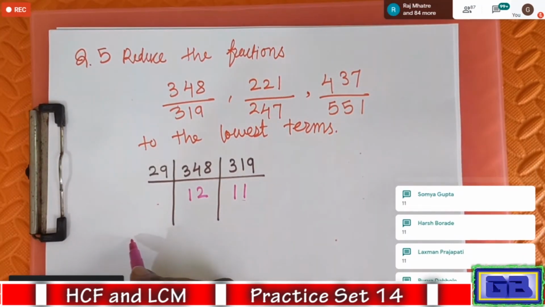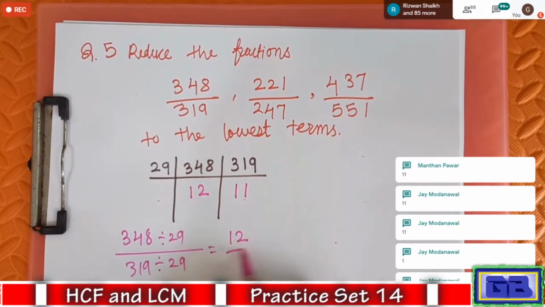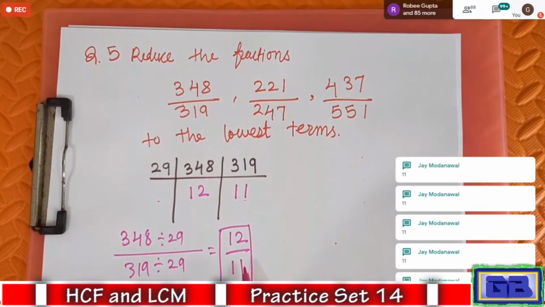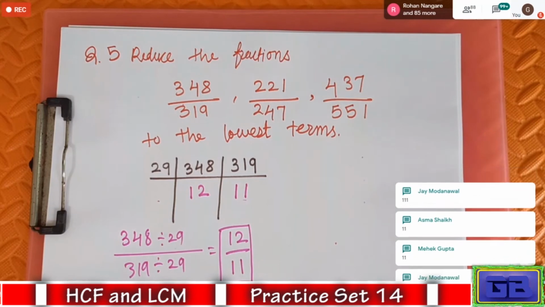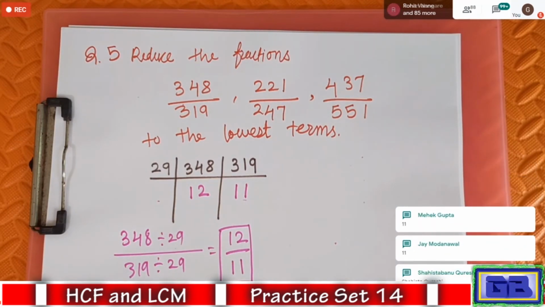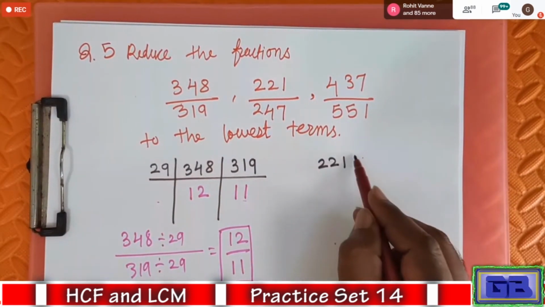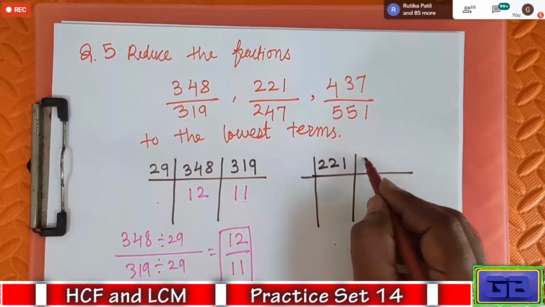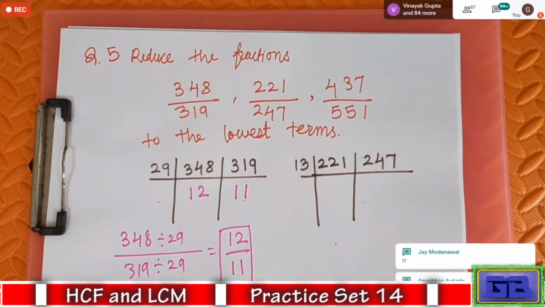So 12/11 is the lowest term of this number. Similarly, we will take next numbers 221 and 247. Yes, 11 is correct answer.